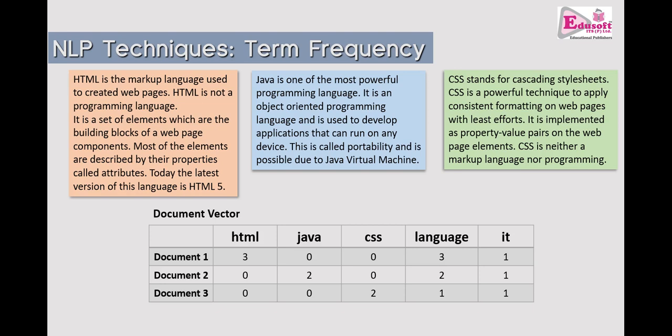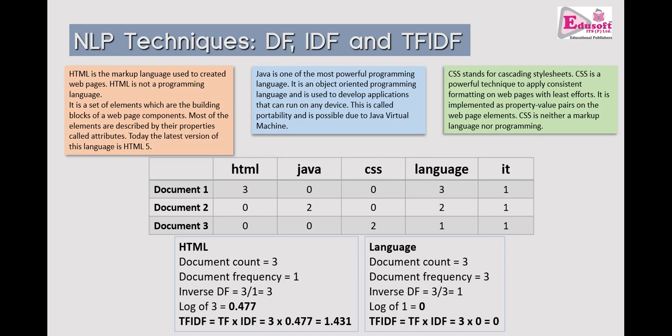Now let us look slightly in detail at what this vector is and how it is going to be very useful for us. One term is called term frequency. Term frequency is the vocabulary, for example, HTML, Java, CSS here, as you see, and the frequency is how many times that particular term is appearing in a particular document.